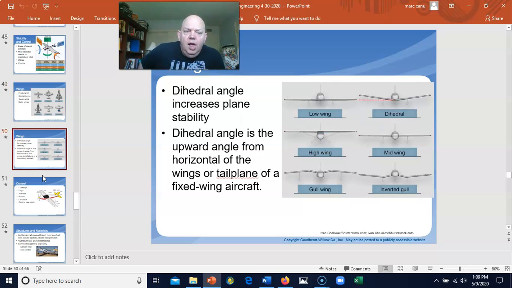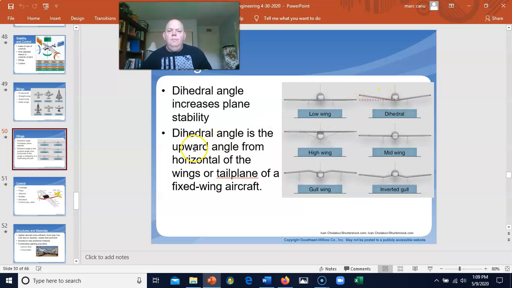Now, if you look head on, you notice how the wings are placed on the aircraft. You've got the dihedral angle, which actually increases plane stability. But what is this dihedral angle? You can take a look here at exactly what that is.